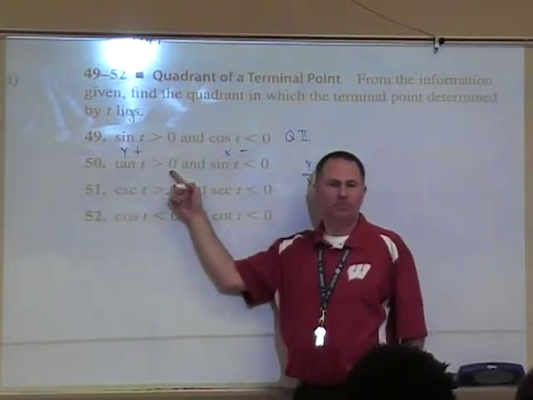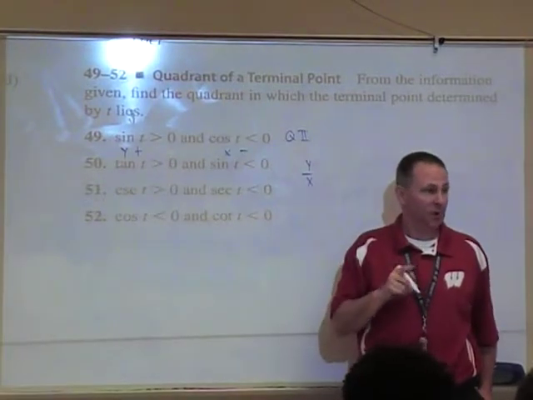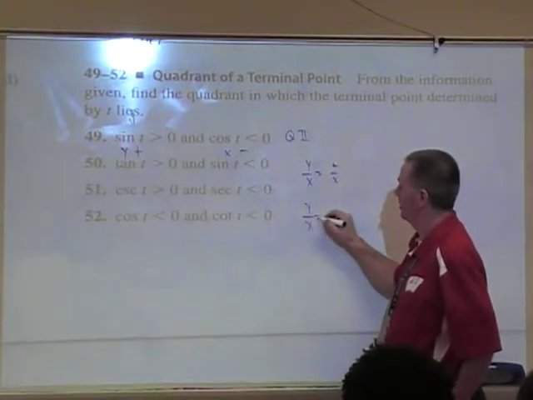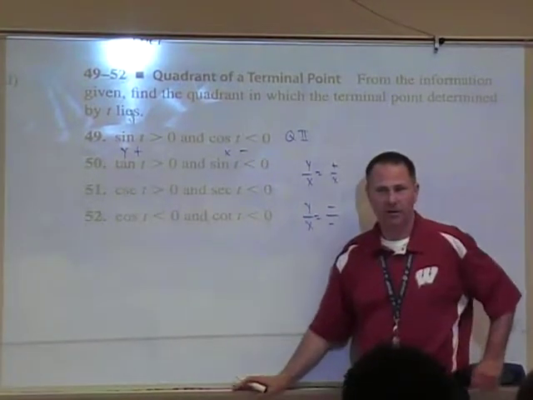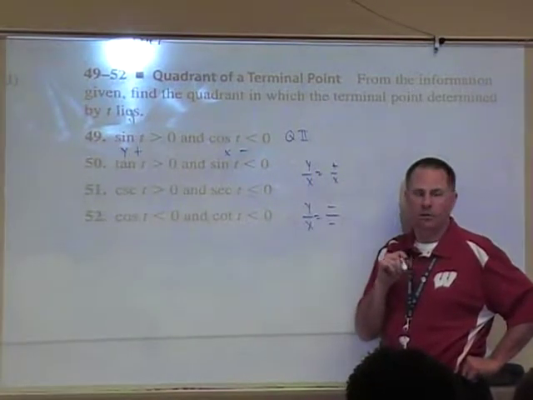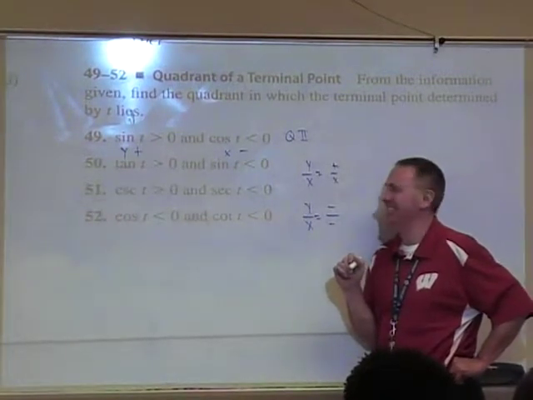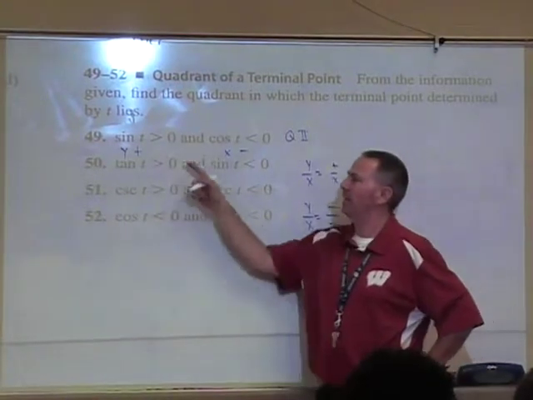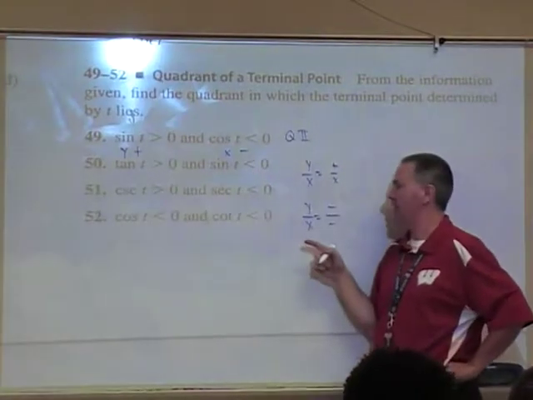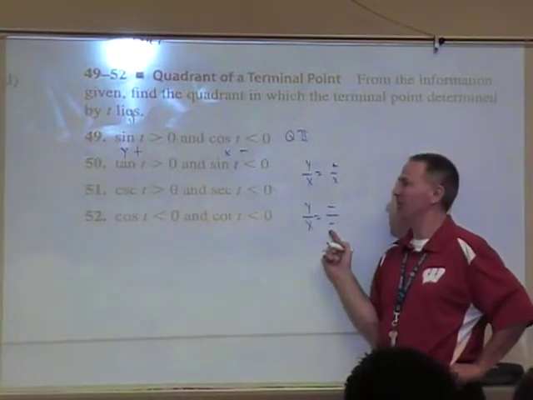Tangent has to be positive. So how can this be positive? When they're both positive, right? Or if they're both negative, right? First of all, what quadrant are we in if y and x are both positive? Quadrant 1. Where are we if y and x are both negative? 3. How do we know which one? By the next clue. The y value is negative. So if y is negative, we have to be in the third quadrant.